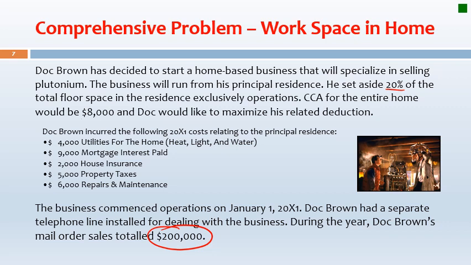Now we've got CCA here, which yeah, we can deduct and we're going to prorate that. We've also got utilities, mortgage interest, house insurance, property tax, and repairs and maintenance. All of these expenses are deductible, but remember, only the business use portion. So let's go and plug these into a framework and see what it looks like.